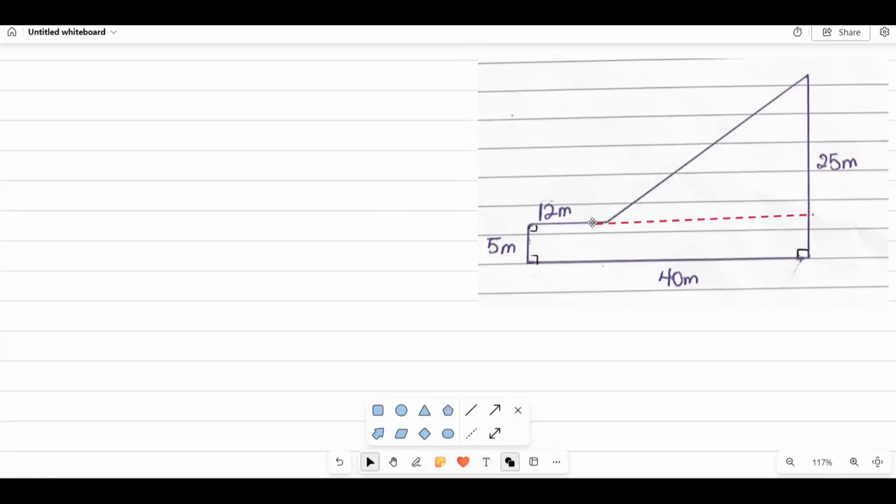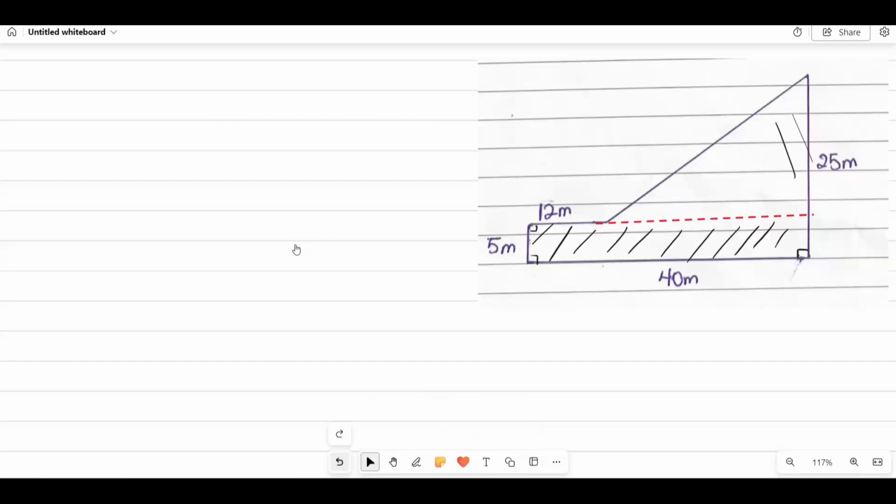There are multiple ways to do this, but you could break it up into the shapes that you want. I'm seeing where I would love to take this into a rectangle with a triangle. So that one line there would have created shape one, which is a rectangle here, and then shape two, which is a triangle on top. So those are two regular simple shapes that we could easily find the area of.